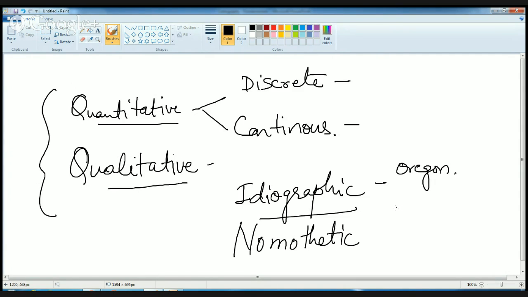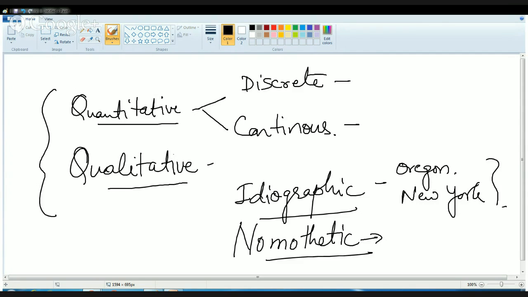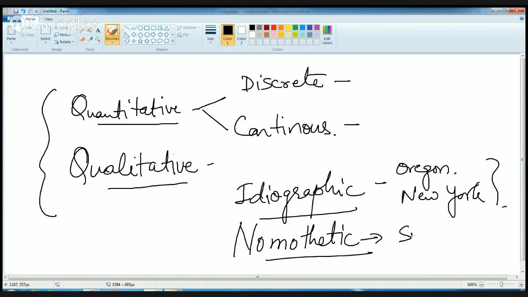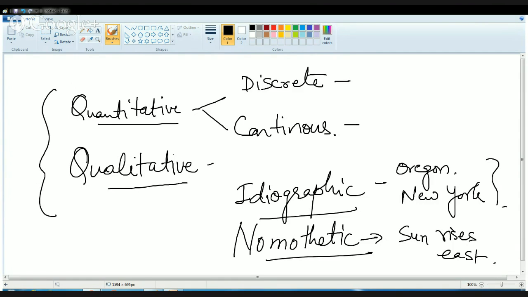Or what is the amount of rainfall in the state of New York? So we are talking about specific data. In the nomothetic approach, we talk about universally acceptable values or facts. For example, the sun rises in the east.